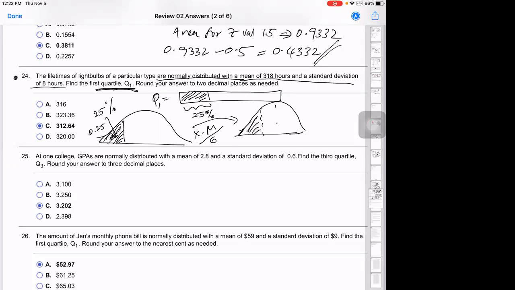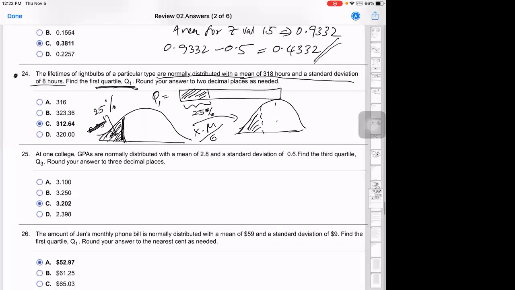X is what? First quartile, so this Z is 0.25. Your data set's first 25%, that point is your Q1.